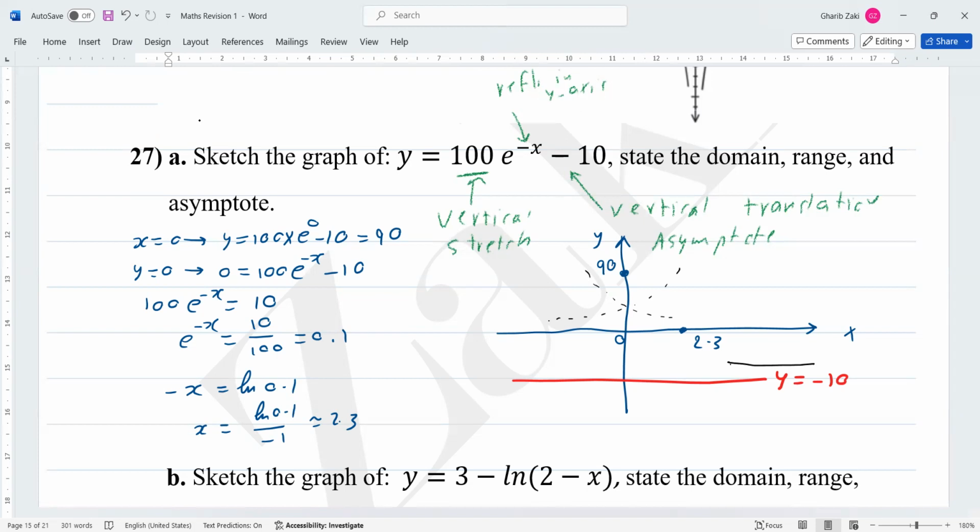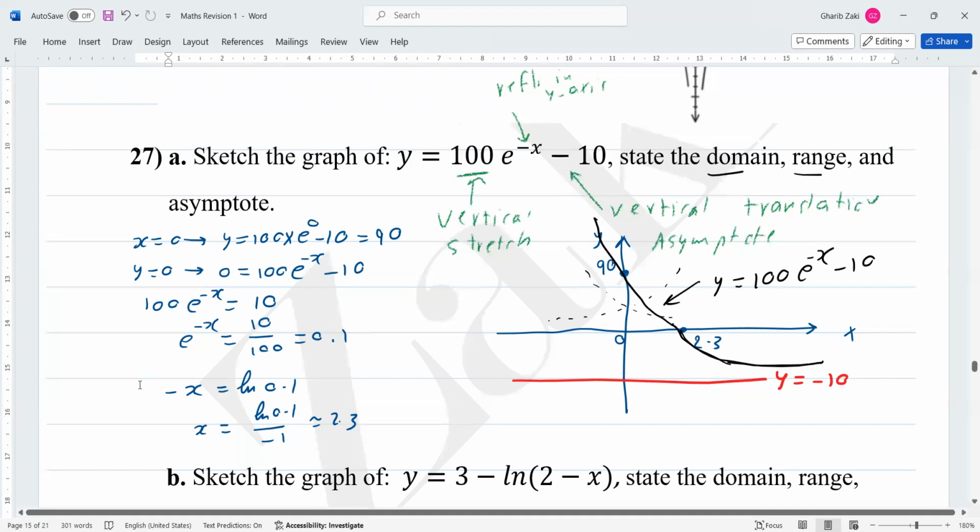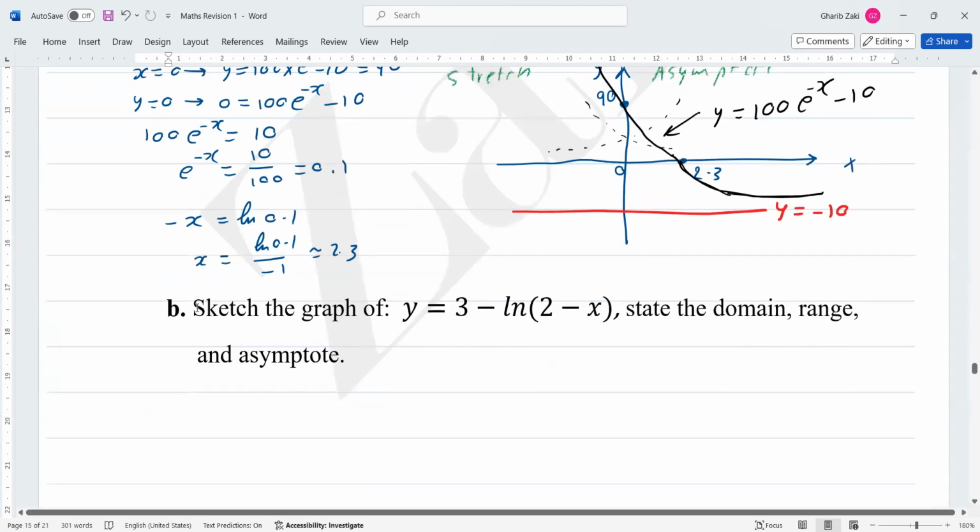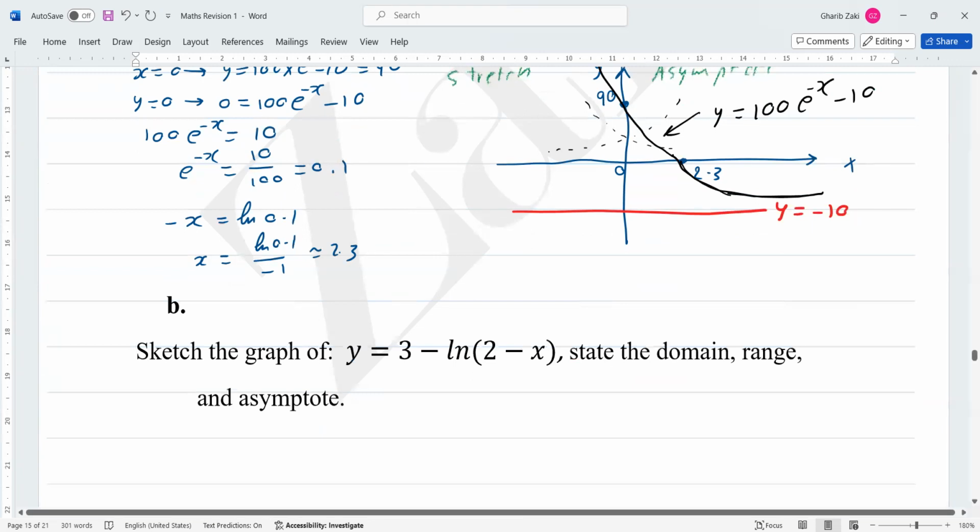And then pass the point of intersection with x-axis and going up, up, up. So this is the curve. Okay, it must be a smooth curve. So this is the curve here. It's y equals 100 e power negative x minus 10. He said state the domain, range, and the asymptote. Okay, now we need the domain, range, and asymptote.